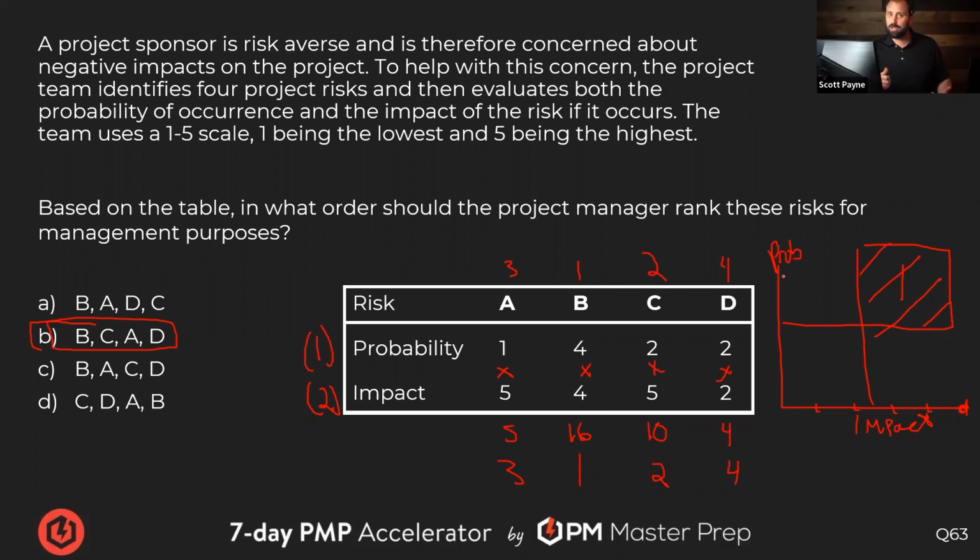It feels like numbers, but really it's back of the envelope approximations, grouping or quartiling, to see which risks are the most important. If each axis is 1 to 5, you could map them out: 4 and 4 is right here, 5 and 2 right here, 2 and 5 there. You'd see where to focus, like Kevin talked about. These are the second priority, and these are the bottom. So it's getting a rough list.